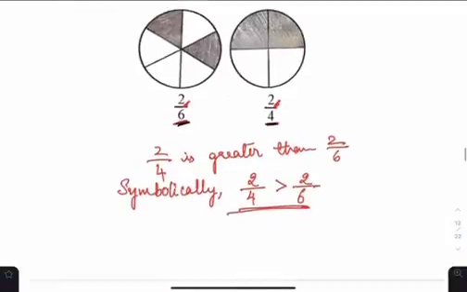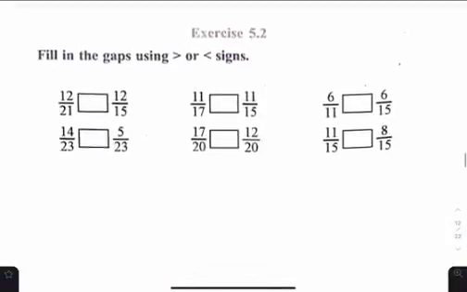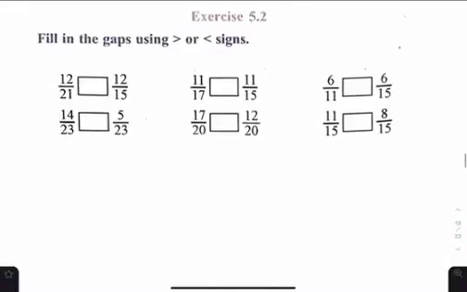Now we shall work out a few problems from exercise 5.2, page 63. Okay, to start off, 12 by 21, whether it is less than or greater than 12 by 15. Yes, children, can you answer along with me? It is less than 12 by 15. Now for the second one, 11 by 17, 11 by 15.